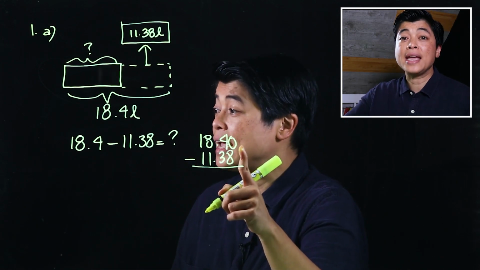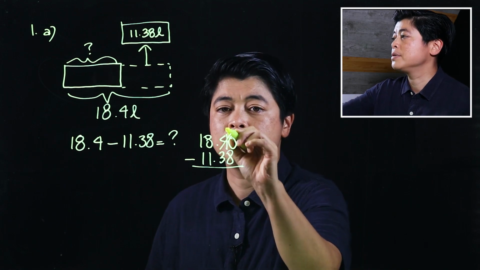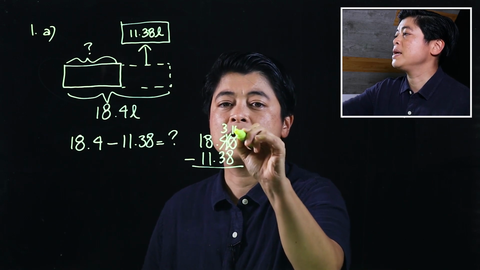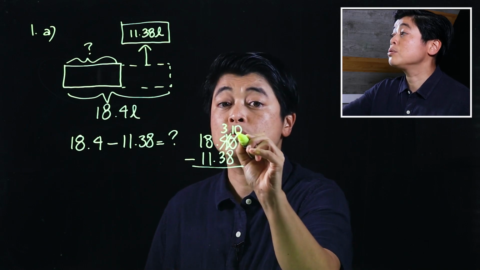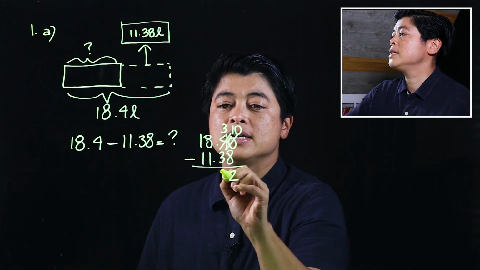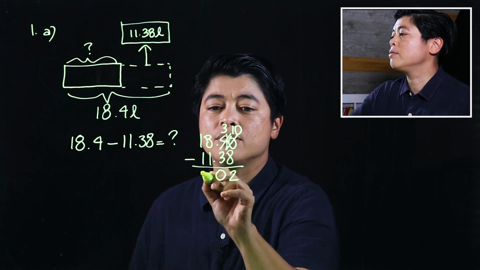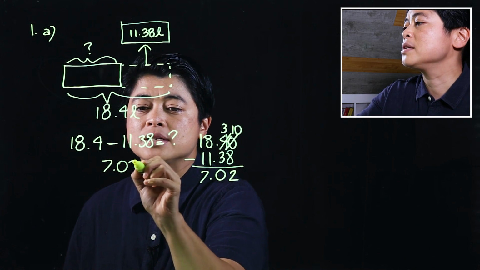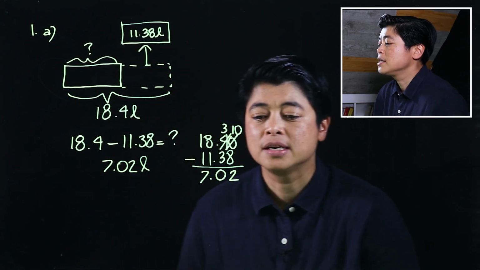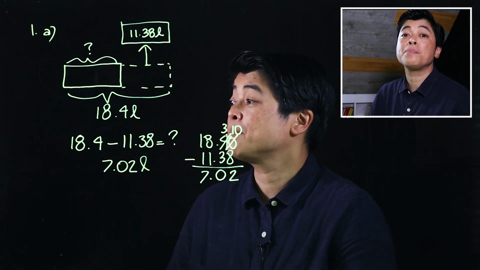Cannot take away 8 from 0, borrow 3, that makes it 10. To be consistent, we need to go to 10, which is 2. This is 0, and that will be 7, which means 7.02 liters is left after the party.